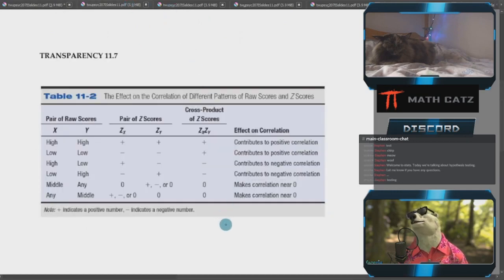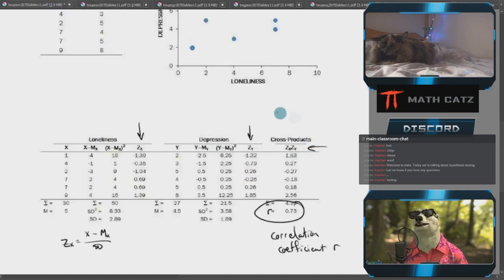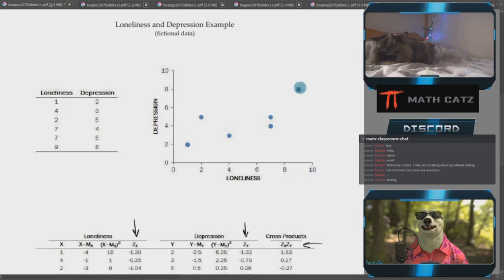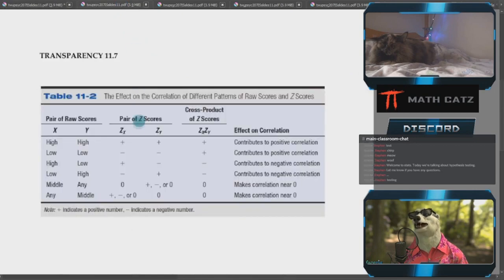Now, multiplying the z-scores together has a certain effect. If both the x and the y scores are high, so on the graph, maybe this guy, right? It has a high score for both. Then what is the effect of multiplying the two z-scores together? Well, they're both going to sit above their means.